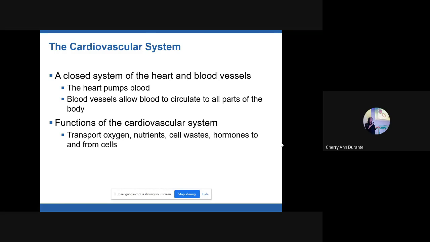It's transportation. Ano mga tinatransport niya? Everything that your body needs, including oxygen, nutrients, hormones, pero tinatransport din niya lahat ng kailangan naman ng katawan mong tanggalin, like your wastes. So it transports all of this to and from the cells.